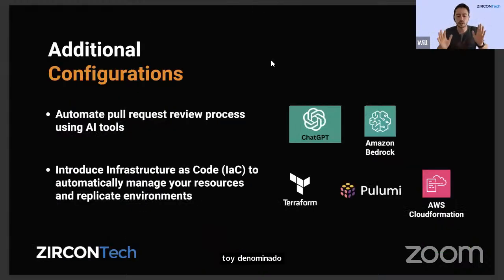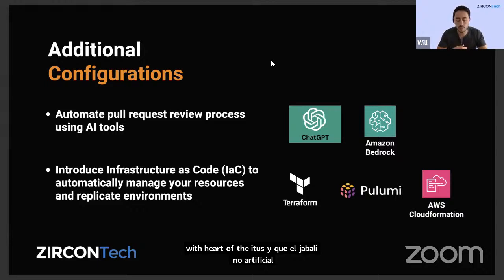So while this in theory covers the concepts of continuous integration and continuous deployment, I want to mention two additional configurations that we typically use for our projects that help our development process to be even more integrated and automated at Silicon. First, with the help of AI tools, we can have a new artificial role that will do the code review process for us.